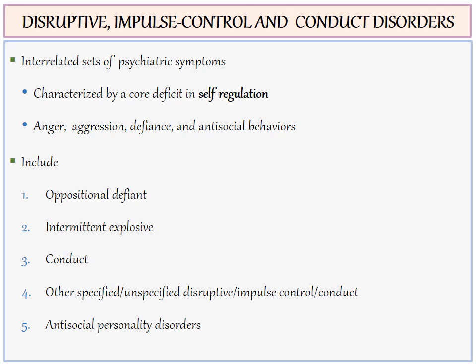Another common childhood behavioral disorder group is disruptive, impulse control, and conduct disorders. These are interrelated sets of psychiatric symptoms characterized by a core deficit in self-regulation, anger, aggression, defiance, and antisocial behaviors. They include oppositional defiant disorder, intermittent explosive disorder, conduct disorder, other specified/unspecified disruptive, impulse control, and conduct disorders, and antisocial personality disorder.